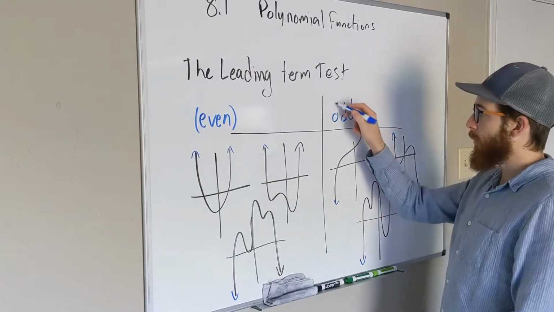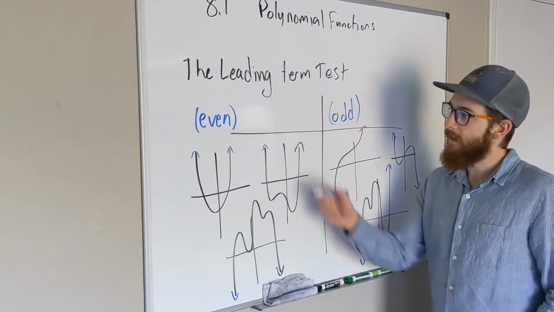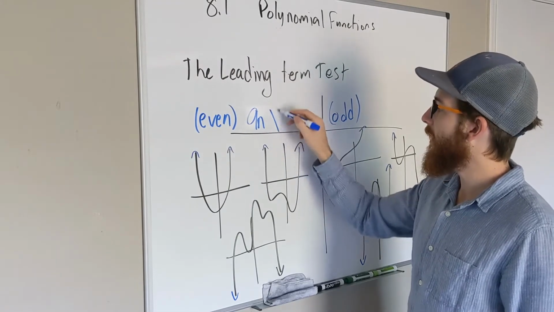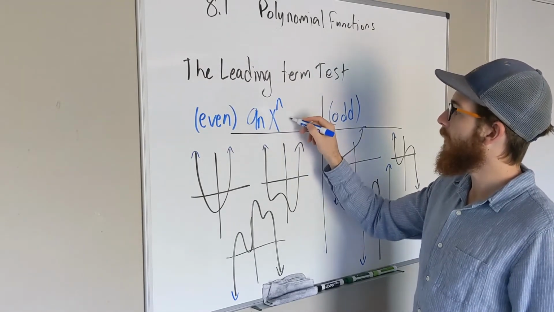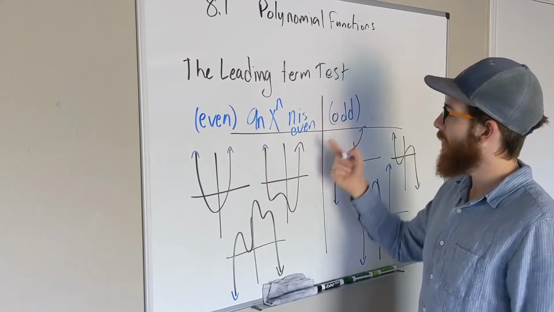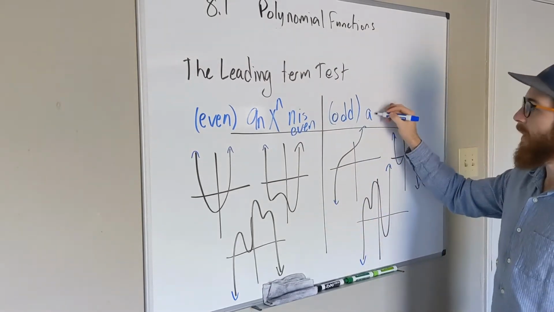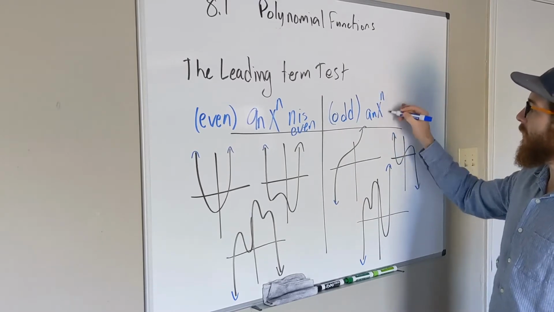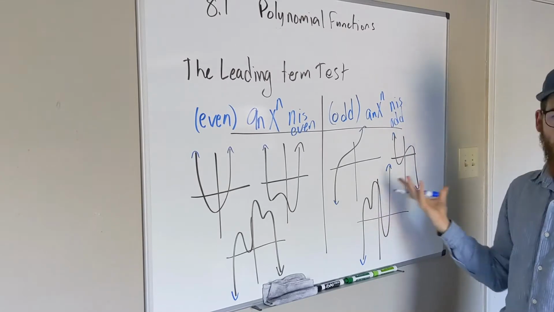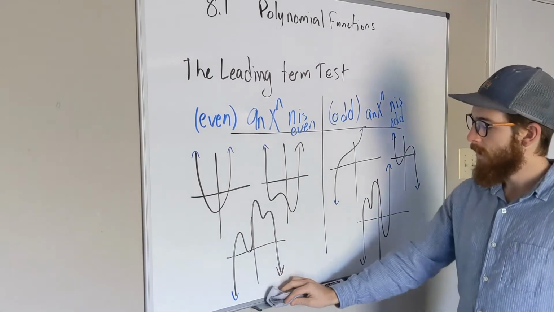So a_n x^n, where n is even, looks like this. A_n x^n, where n is odd, looks like these.